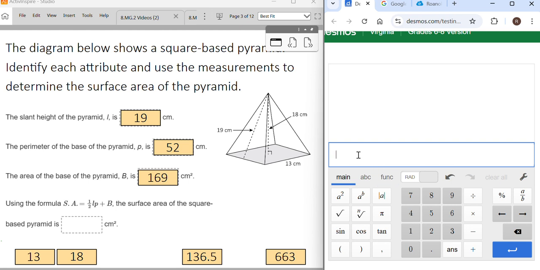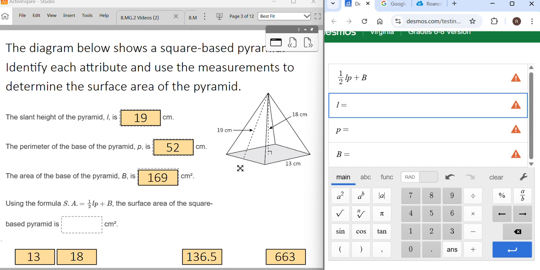So I'm going to type 1/2 LP plus big B. It has to be a big B or it will not work for you. My calculator doesn't know L, so we'll have to tell it. It does not know P, so we'll have to tell it. And in this case, it doesn't know B, so we'll have to tell it that as well.